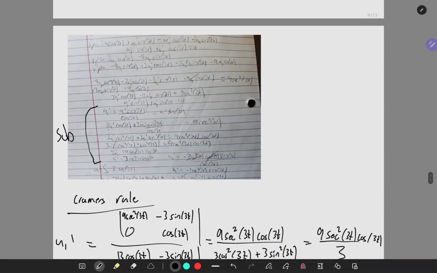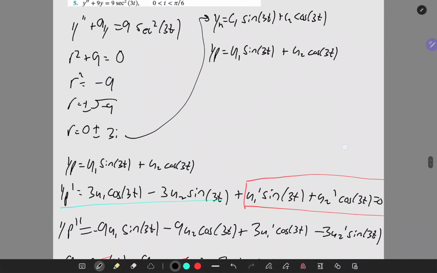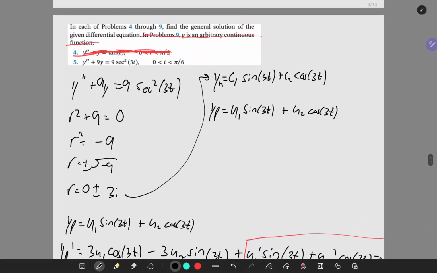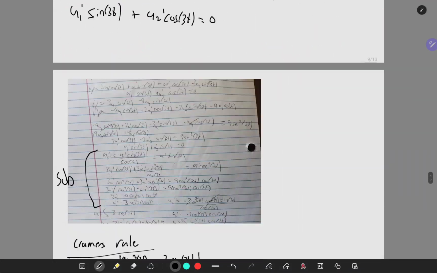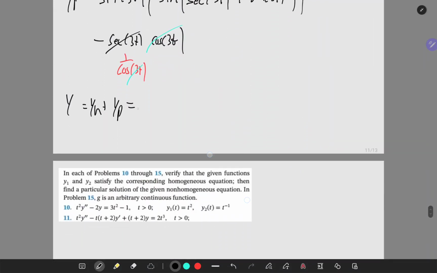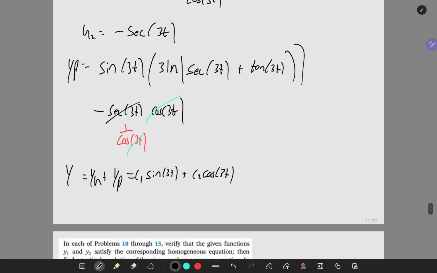So if we go back up, our y sub h was c1 sine, c2 cosine. So that's the first half of our general solution. Second half, y sub p.